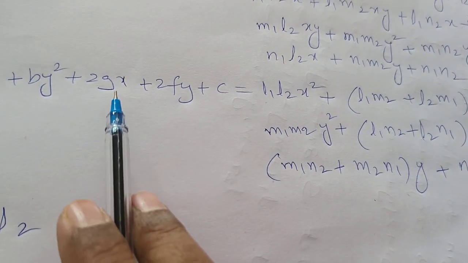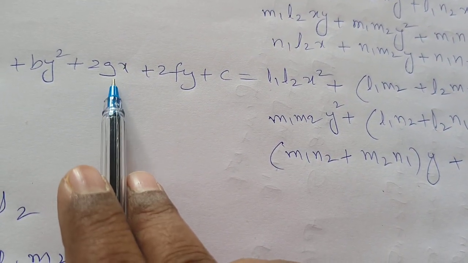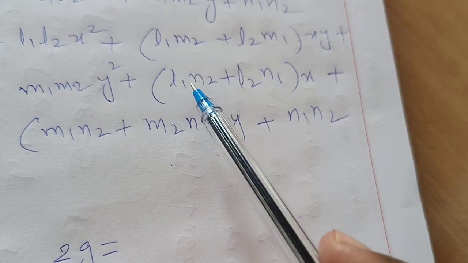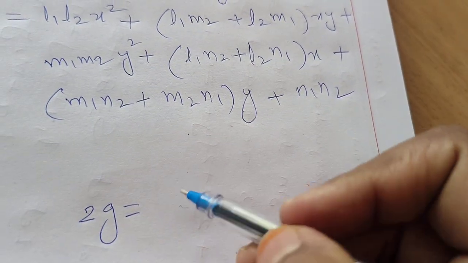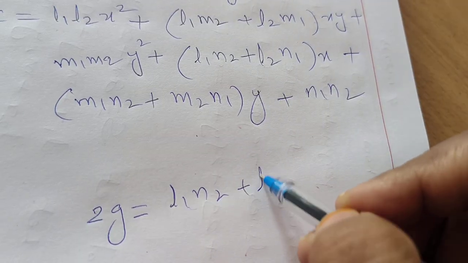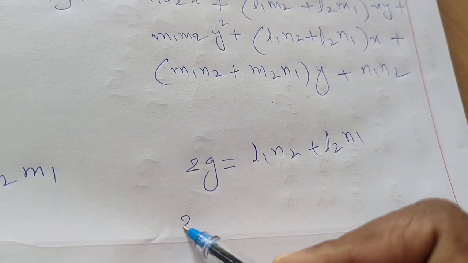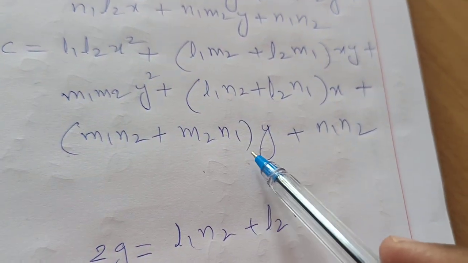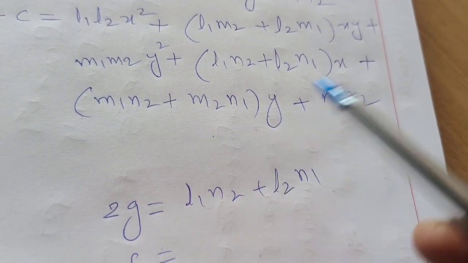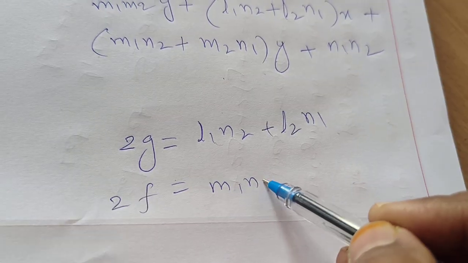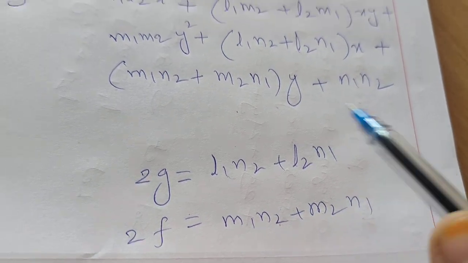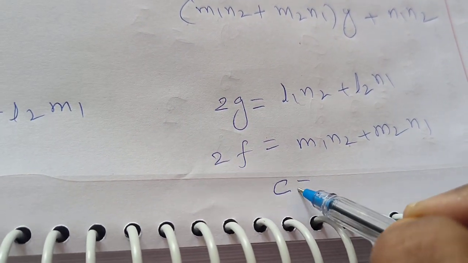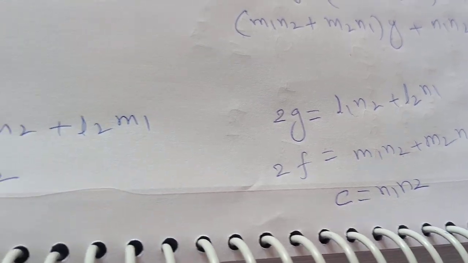The coefficient of x is 2g, so 2g is equal to L1 N2 plus L2 N1. Similarly the coefficient of y is 2f, which equals M1 N2 plus M2 N1, and the constant term c is equal to N1 N2.